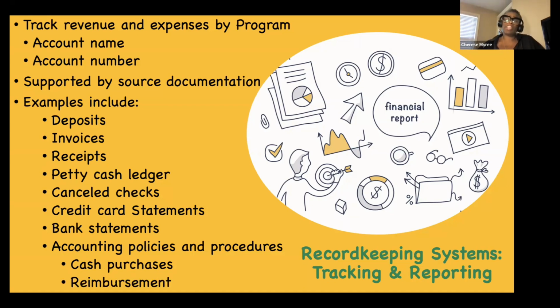And if there are cash purchases made by teachers or something like that, and you reimburse them for those purchases, what is that process and how is that recognized in your system? These are all things that you need to be thinking about when it comes to managing and tracking your pre-K funding that you receive, regardless of what type of organization you are.